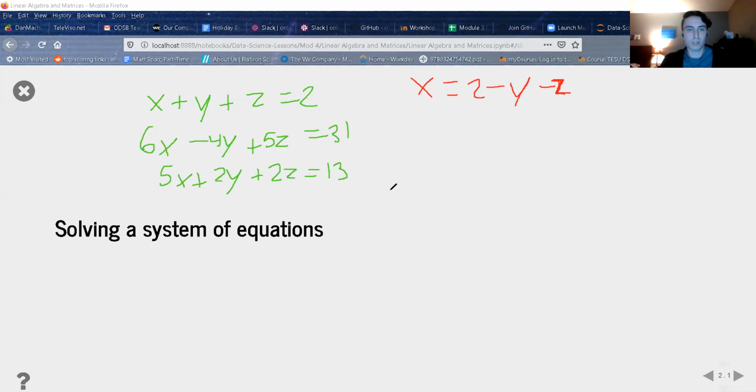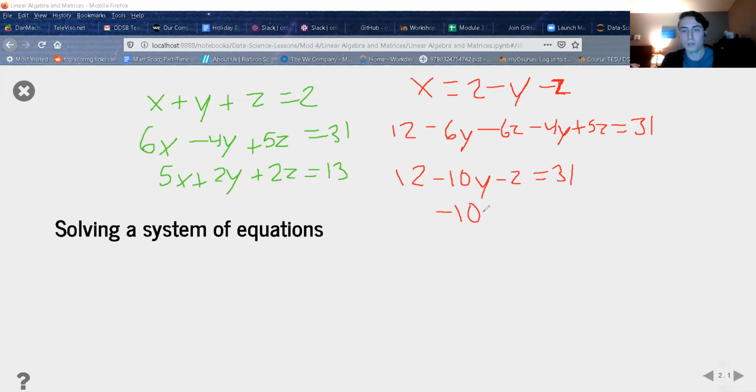So 6 times this is going to give us 12 minus 6y minus 6z minus 4y plus 5z equals 31. We can condense this down, so 12 minus 10y minus z equals 31, and then minus 10y minus z equals 19.